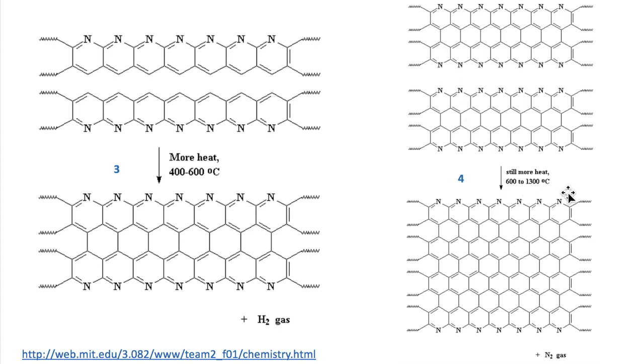For example, you need to apply even more heat, this time between 600 to 200 degrees Celsius. So you see how the chain is getting way bigger. The ribbons are getting way bigger. Okay?